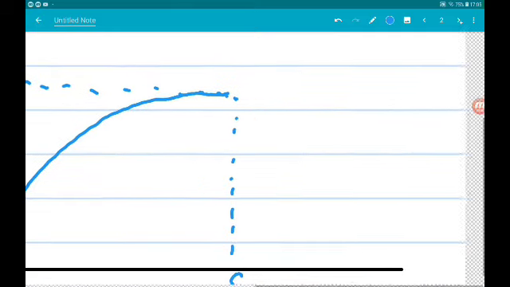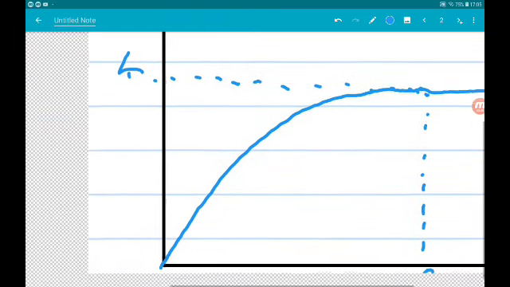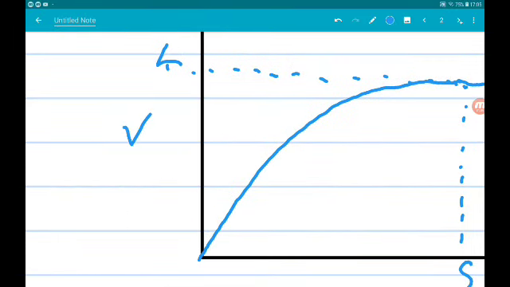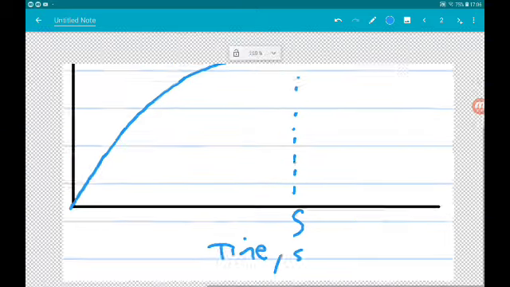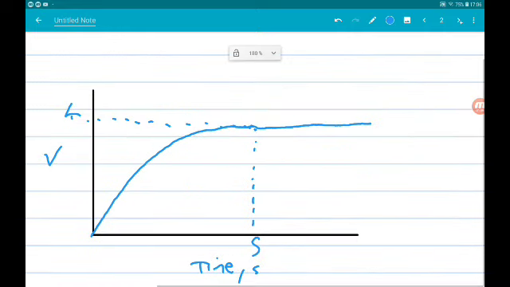So after that, we then know he runs with a constant velocity. So again, we have velocity up the side, time along the bottom. So that's how it's now going to look.